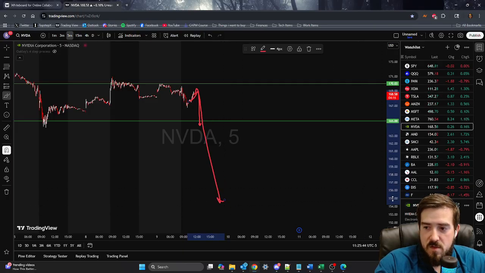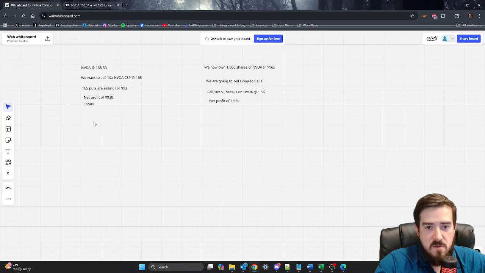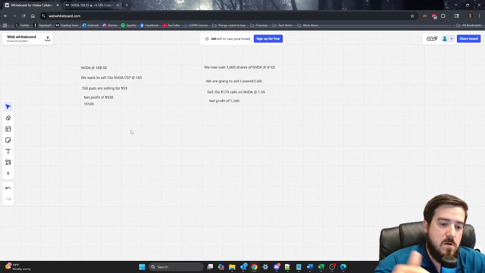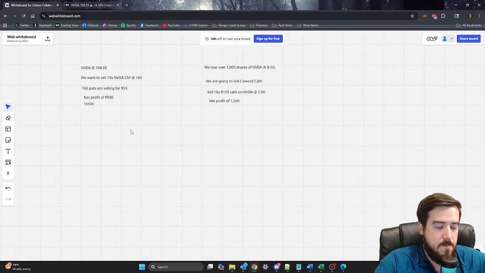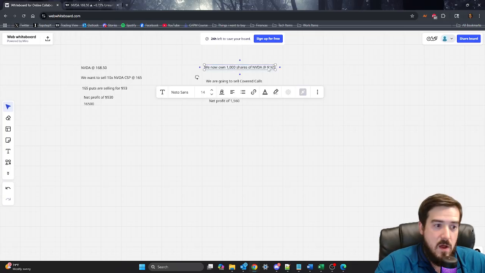Let's call it 155. Well, come Friday, you still have to buy that position at 165. So you will instantaneously be down $10 per share, on 10 contracts, 1,000 shares at 165.